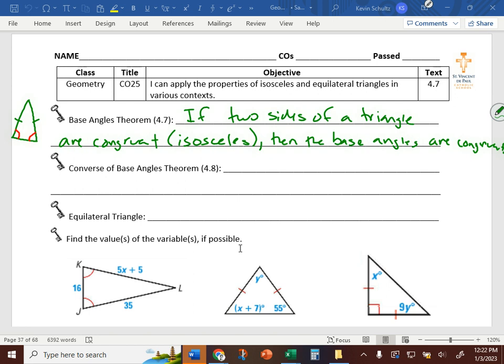Chapter 4, section 7 is where in the textbook they talk about the base angles theorem. Or maybe it's the seventh theorem in chapter 4. So the converse, which will be the same lesson, will be the eighth theorem in chapter 4. So it just has to do with where in the textbook those things occur.